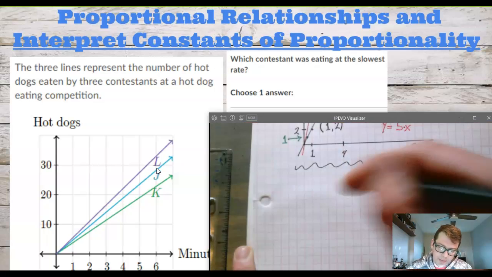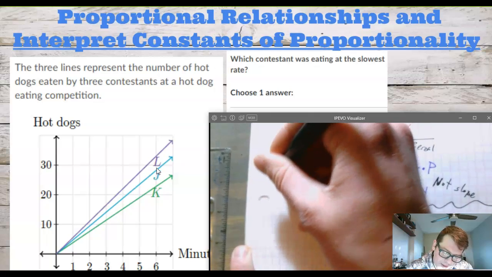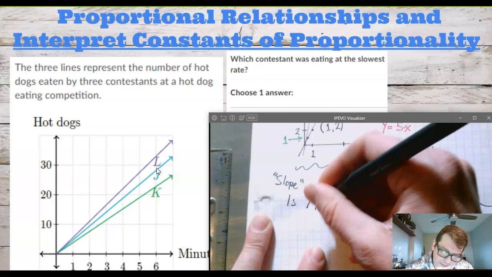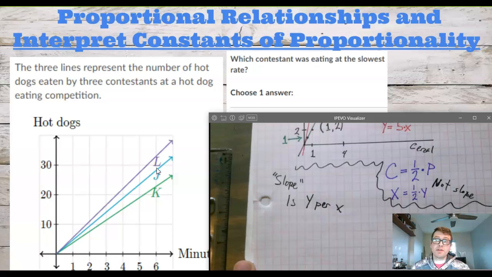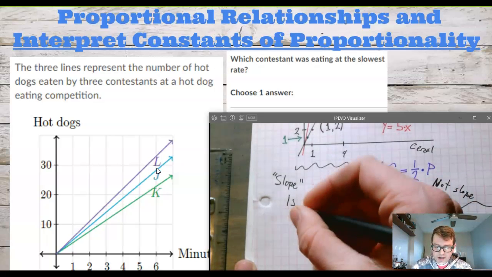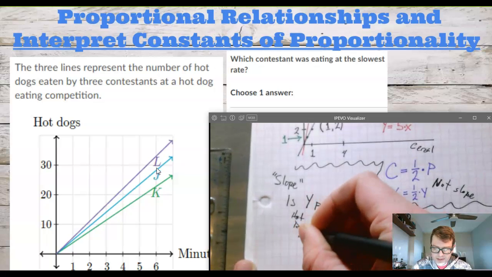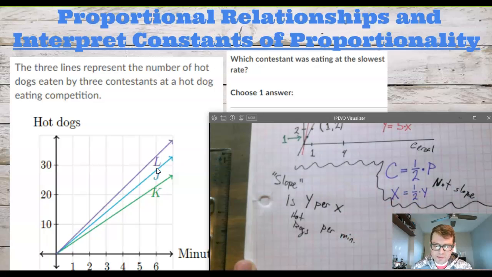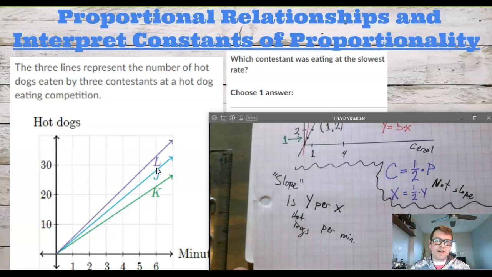But slope, if we want to start talking about slope, is the y per x. So in this situation, it's the hot dogs. This is kind of gross if you don't like hot dogs. It's the hot dogs per minute is our slope in this final situation that we're talking about.